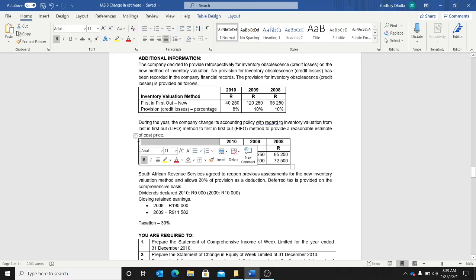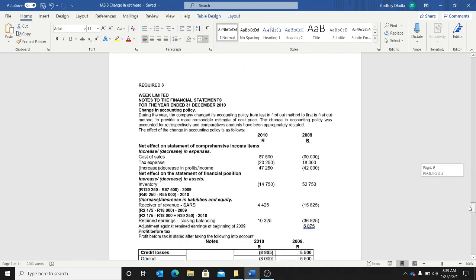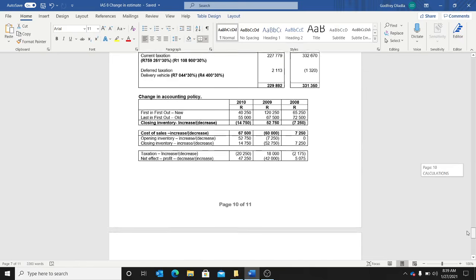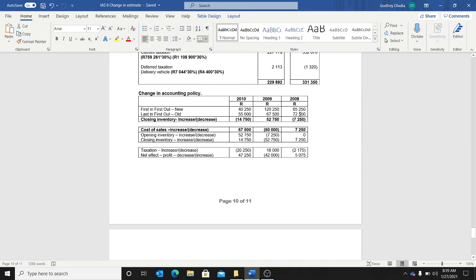You will see that this table tells you the old method is this one, the new one is this one. So meaning you're moving from last in first out to first in first out. So if you're moving in that direction, let's check here.